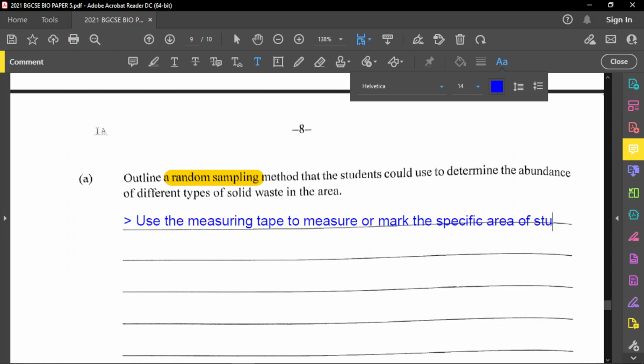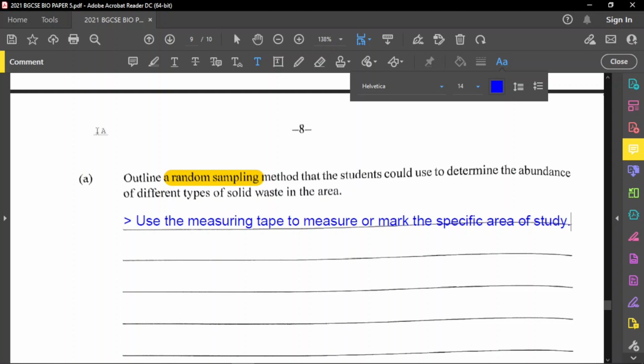Of course, you don't want to do the entire beach. You might say, okay, I'm going to do this in 100 meters, or 200 meters by 100 meters, or 50 meters by 40 meters. You want it to be specific: this is the area that I'm actually doing. And so once you mark up that area, you can make a line, what you call a transect line, or you can make a specific area that you want to study.